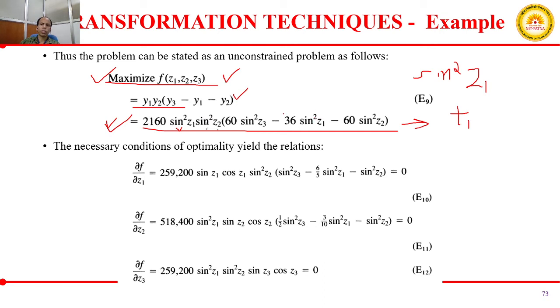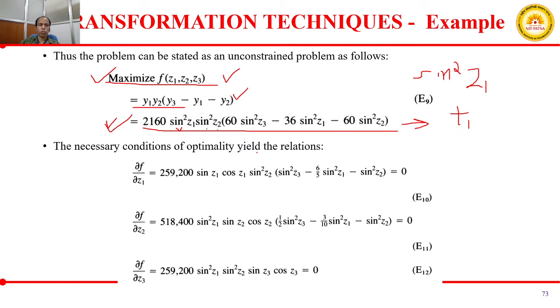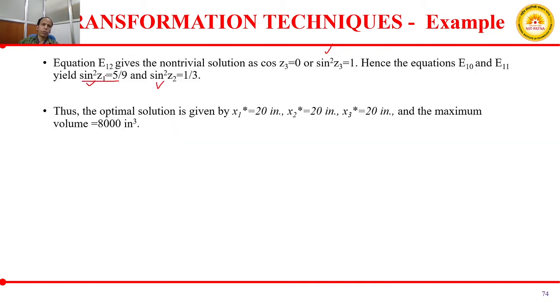Otherwise you can directly solve it for these values, and you will get sin square z1 equal to 5/9, sin square z2 equal to 1/3, sin square z3 equal to 1. Okay, so these are the values which are needed in your objective function.